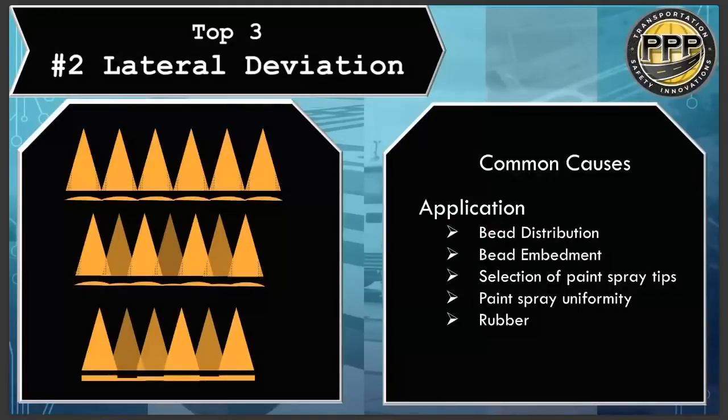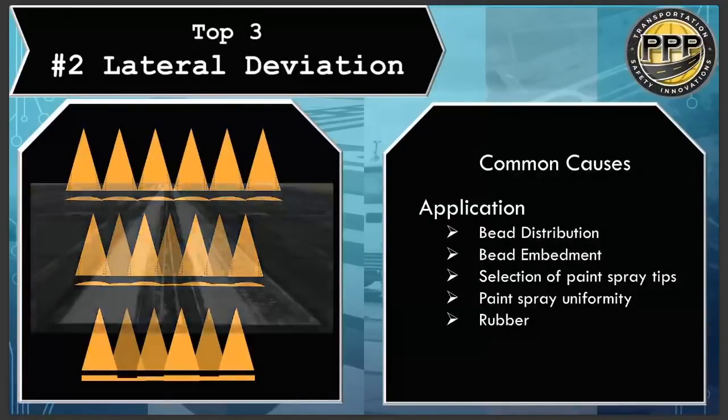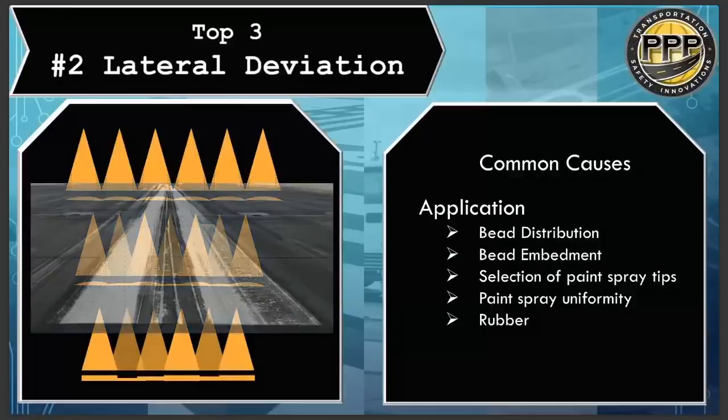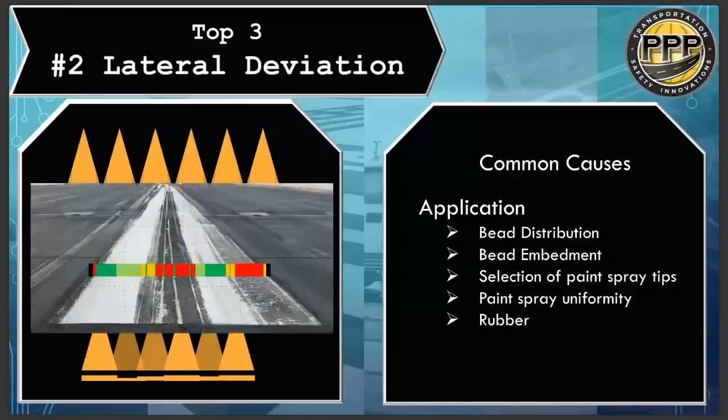And then again, rubber and other contaminants can absolutely affect how a marking looks. Here's a great example of a runway centerline that has some rubber right down the middle of it and on different portions of it. Greg has actually overlaid this green to red scale of how bright the marking was reading, and I believe his mobile unit did this, the G7.